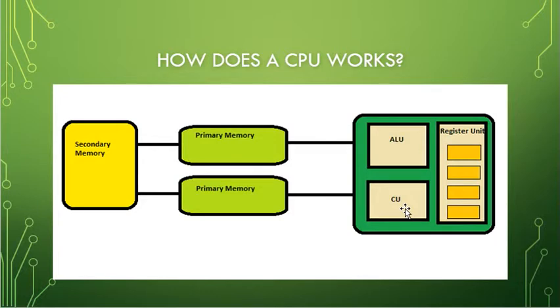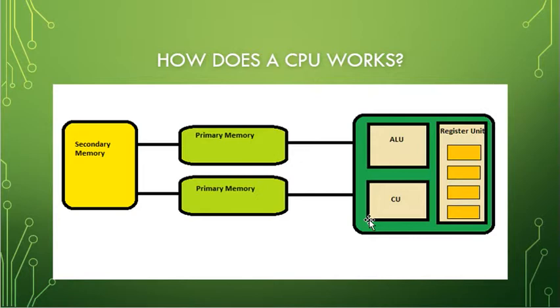And then you have another unit which is called the control unit. Everything that happens inside of your processor, inside of your CPU, will be monitored by the control unit, and it will give instructions to the ALU and make sure everything runs smoothly, and that everything happens the way that it's supposed to happen.